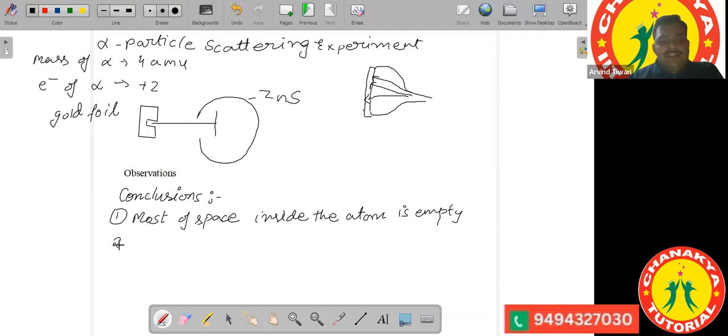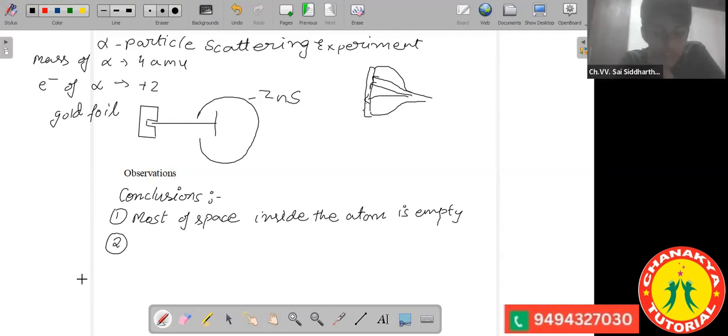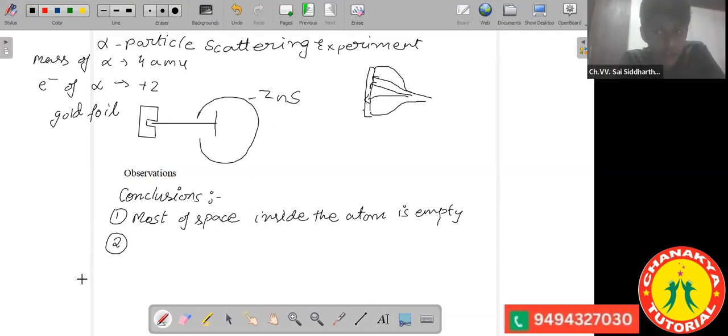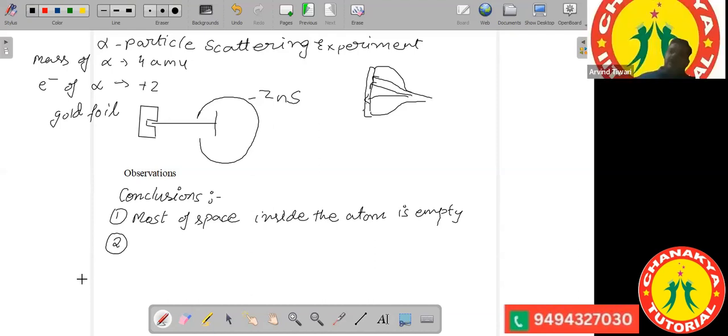Then, what was the second conclusion that was drawn? Sir, all the positive charge and the mass is in the center. Yeah, all the positive charge and mass of the atom is concentrated in a very small volume. It is not occupying a bigger volume.